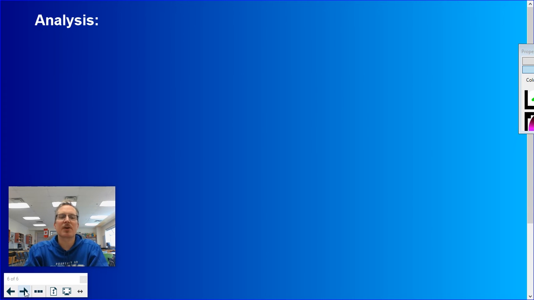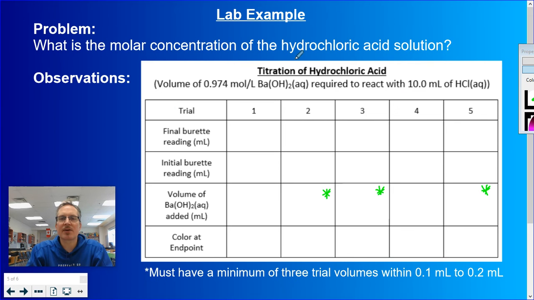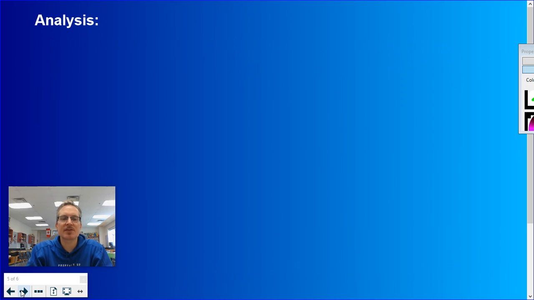All the math we do in a lab falls under the analysis section. Again, I want to take a look, and it says we are going to mix hydrochloric acid with barium hydroxide. So let's write out the balanced chemical reaction. It's a double replacement reaction, so we know the cations are going to exchange places.